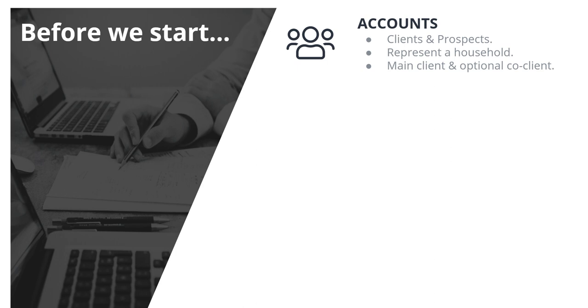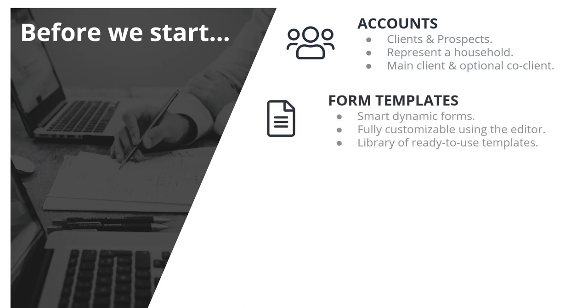An account will always include one main client and may sometimes include a co-client, like a spouse, partner, or significant other. Next, form templates. In essence, form templates are smart, dynamic forms. They are fully customizable, and we provide a large library of ready-to-use templates for a multitude of situations.